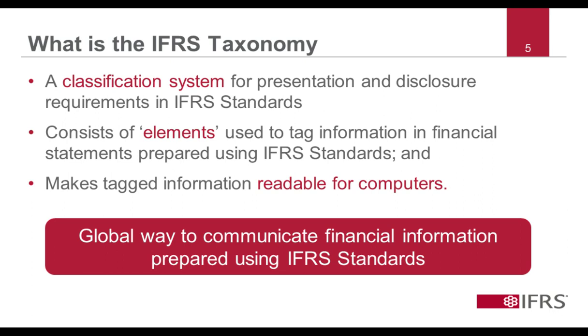Once the information is tagged, it becomes machine readable, and machines are able to quickly extract this information about total assets for all the companies in the database, and users can quickly collect information and compare it between companies. So in this way, the IFRS Taxonomy contributes to the efficient communication and use of information.